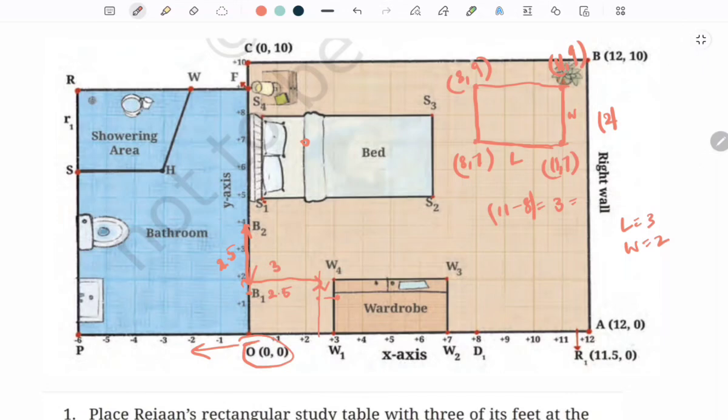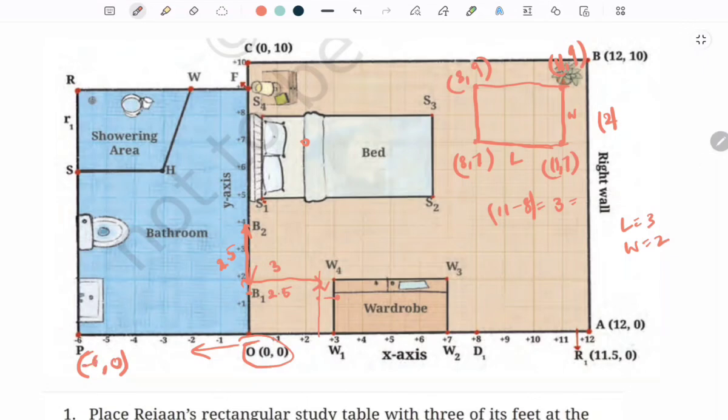The next question, what are the coordinates of O, P, R, and P of the bathroom? So we want to know these 4 coordinates. This is O, origin, and what is P? It lies on the x-axis, which means the y coordinate is 0 and it stays at -6.